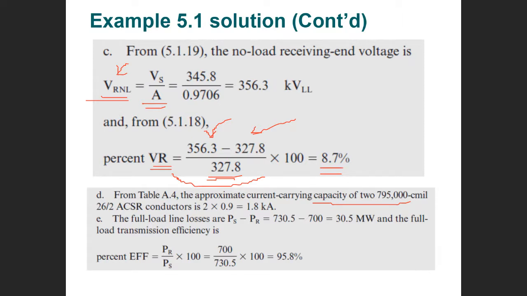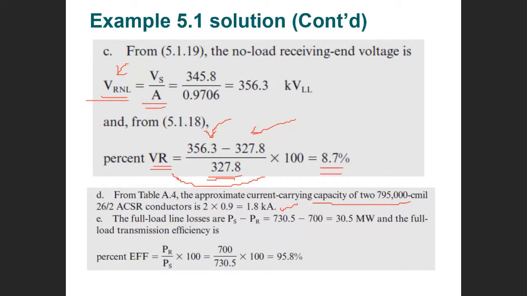Of the current, because every transmission line will carry a maximum current. You cannot exceed the maximum current. Therefore, we are rating at what? At 1.8 kilo ampere. This is the maximum current. Maximum current for what? For this conductor. From where do we find it?